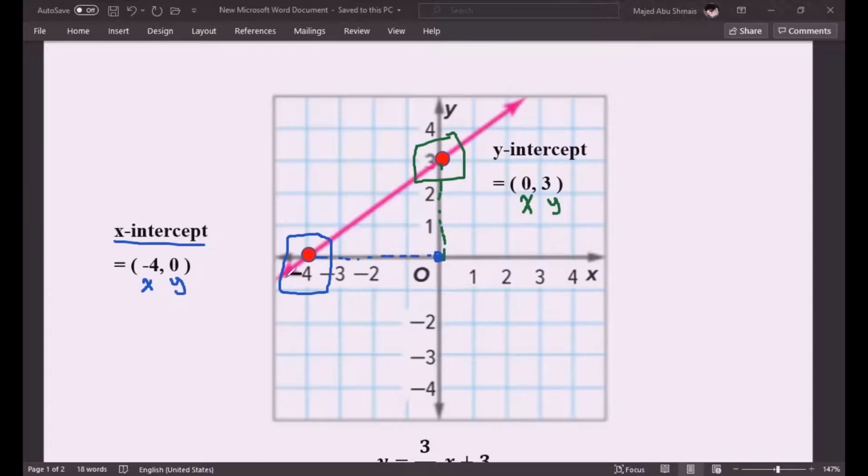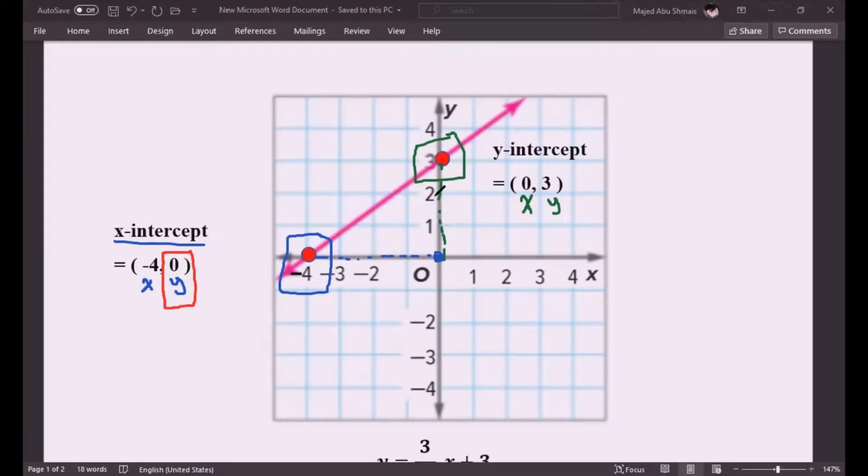What can we notice? At the x-intercept, the y coordinate equals 0. And this is right and always true for all functions, relationships and equations, all straight-line relationships and equations.